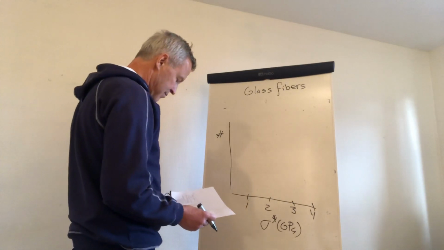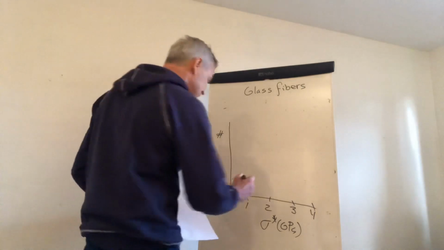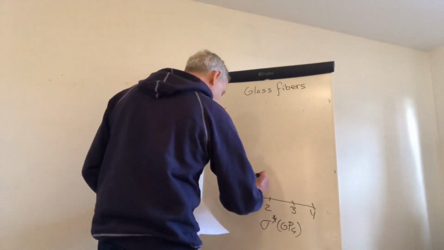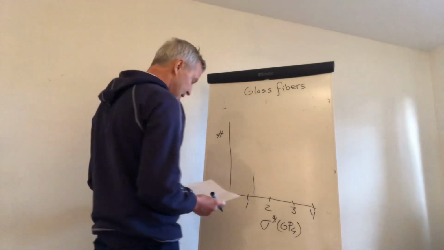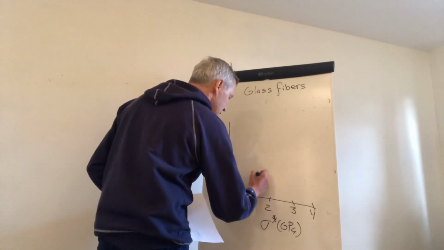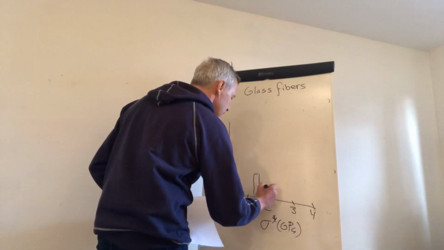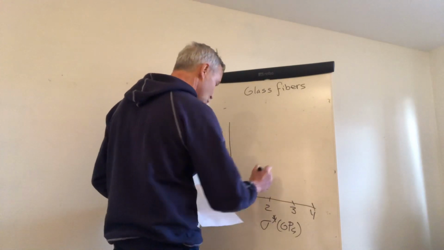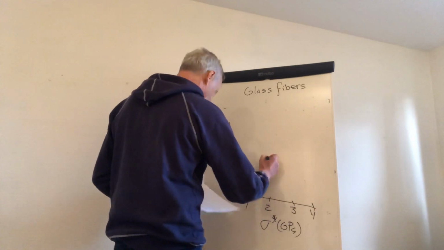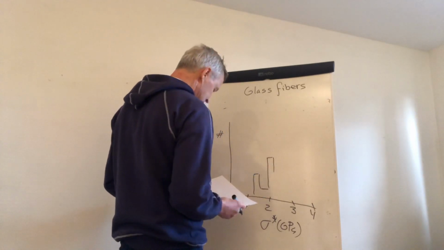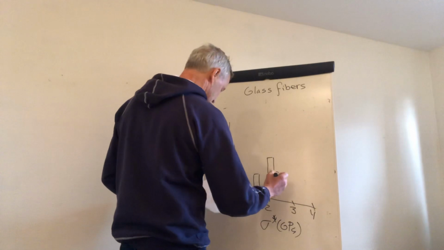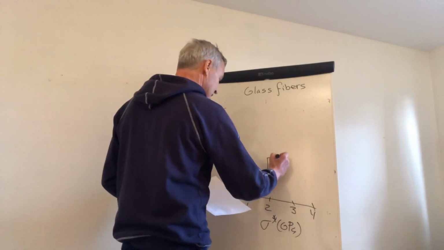Then perhaps the weakest fibers are down here somewhere. Then the next sample has much lower strength. Well, let's say there are fewer specimens with high strength. Then we have something like this.